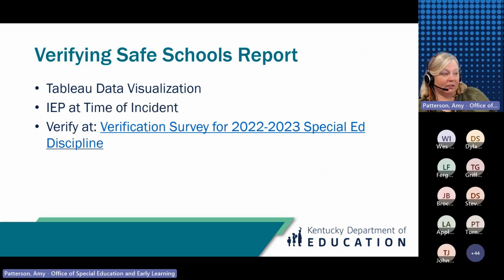For the smaller districts, that might be fine for you to be the only one that looks at it. For the larger districts, I would seriously recommend that you have each school look at it, because what we see a lot of times is duplicate entries. Maybe the teacher put it in and the assistant principal put it in, or whatever. So that student may have been removed for 5 days, but it was put in twice, so it says they were removed for 10 days.